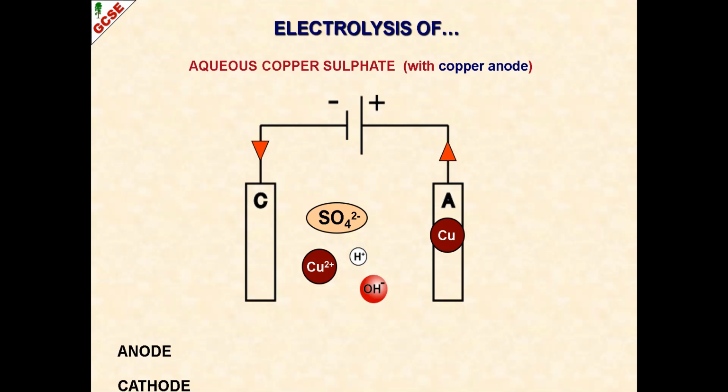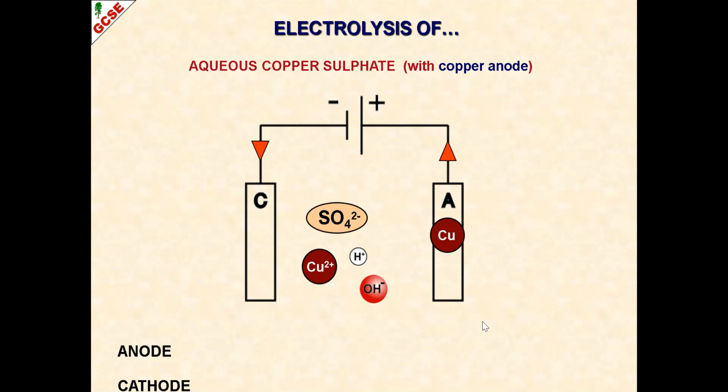Change in color, I guess? I don't know. Okay, so let's have a look at the next step as well, then we'll understand what will be the effect on the electrolyte. Now you have increasing copper ions in the solution, and these copper ions are moving towards the cathode, along with the hydrogen ions.